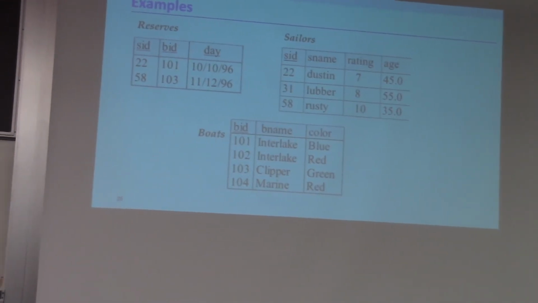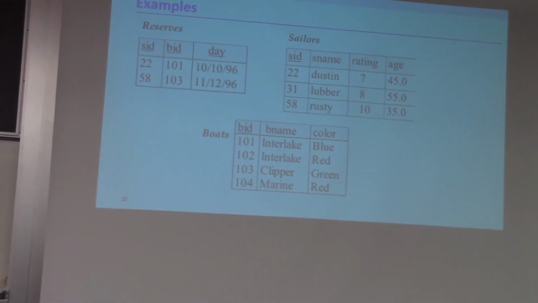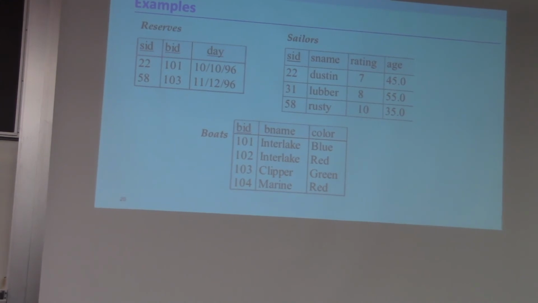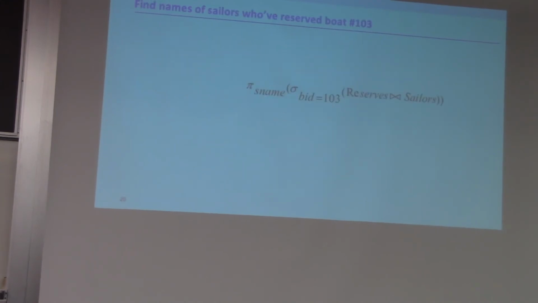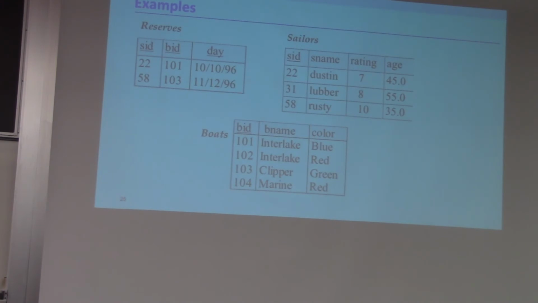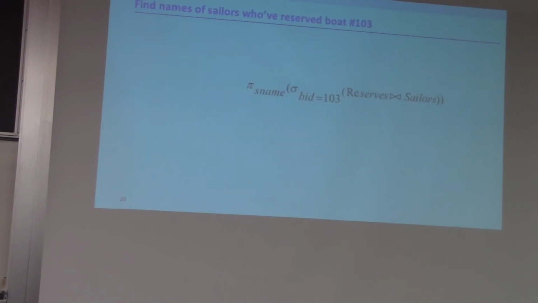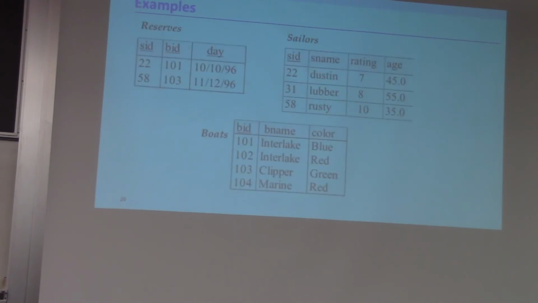Okay, now we'll start with some exercises or examples of relational algebra. So find the names of sailors who have reserved boat 103. So from here you can see the boats, reserves and sailors, they are the three relation instances we have, right?